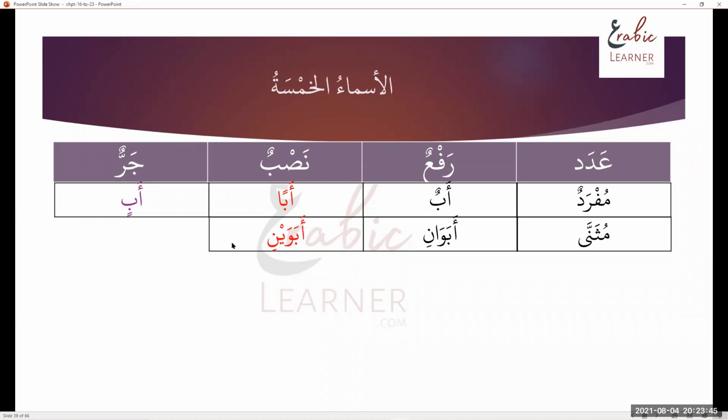What about jar? Abawaini, good. So you add an extra wow, and then you add the i'rab for that.